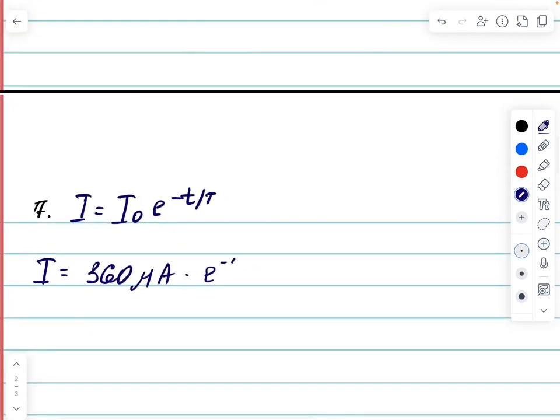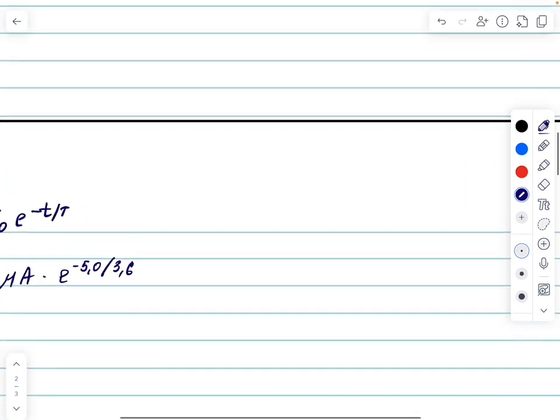So the 5 seconds over 3.6, and after calculations I get the current is 90.